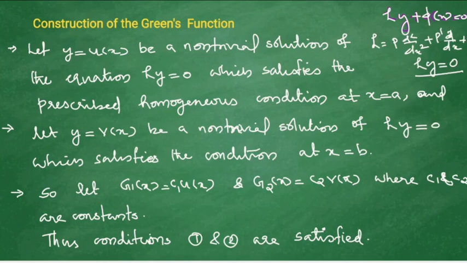So we can see that conditions 1 and 2 are satisfied, when g of x, theta is defined as c1 into u of x when x is less than theta, and c2 into v of x when x is greater than theta.